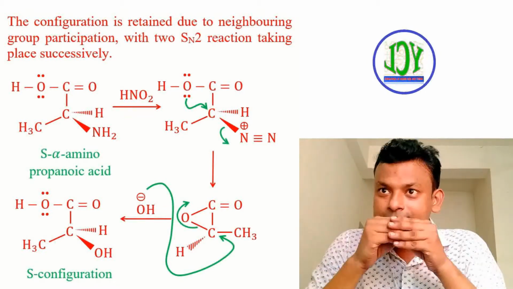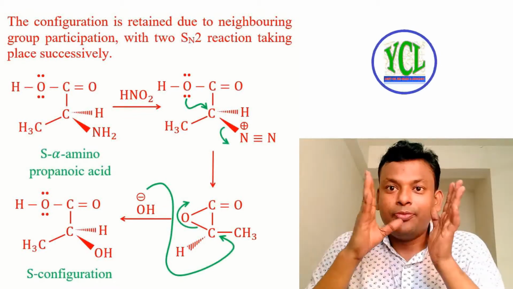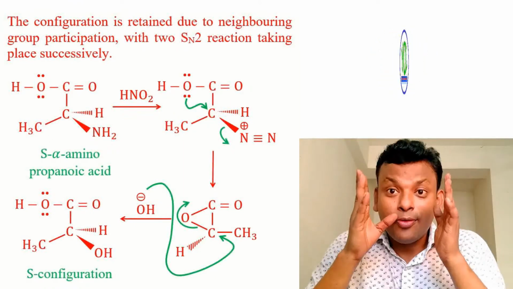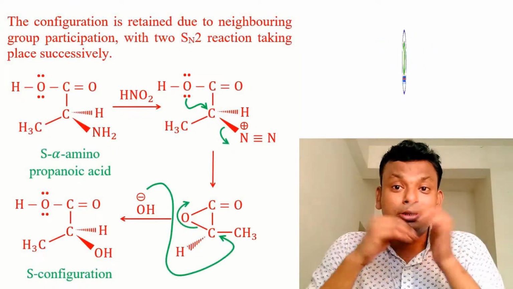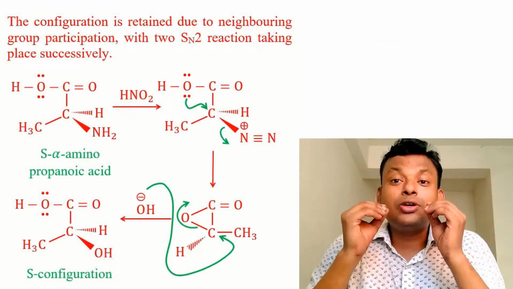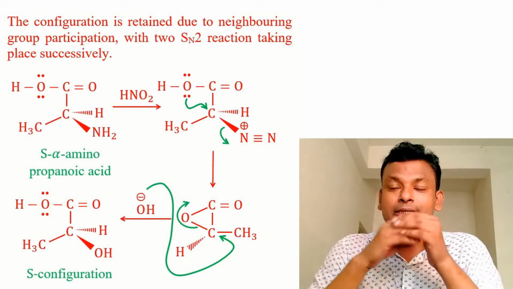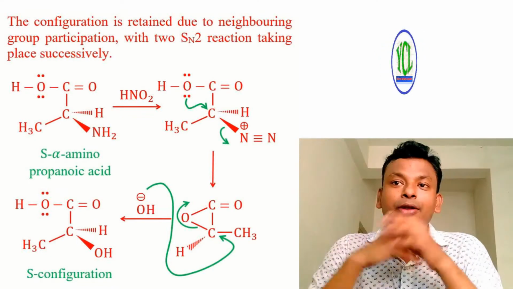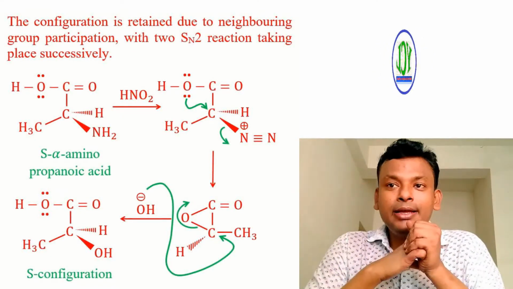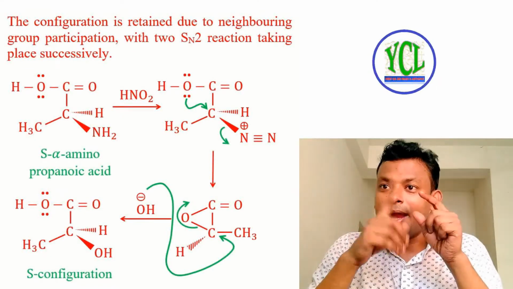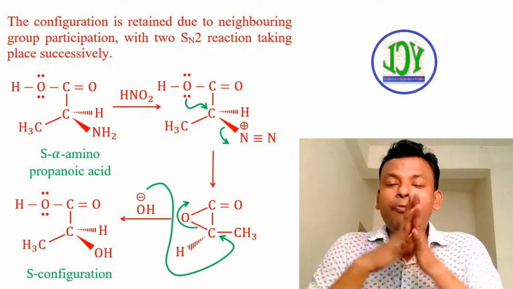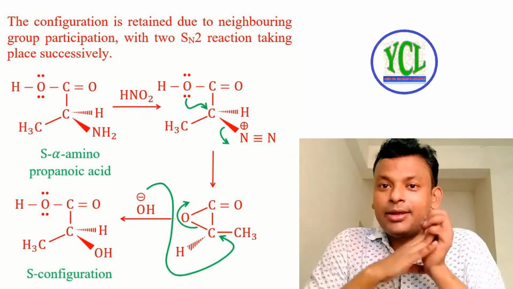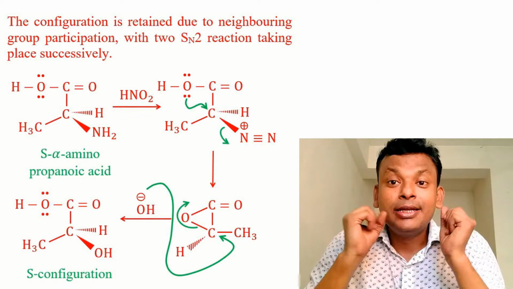Next, the O negative of the carboxylic acid attacks from the backside and displaces the N2 and forms a cyclic ring. Next, OH negative attacks on that side and forms the S configuration, that is the configuration is retained.